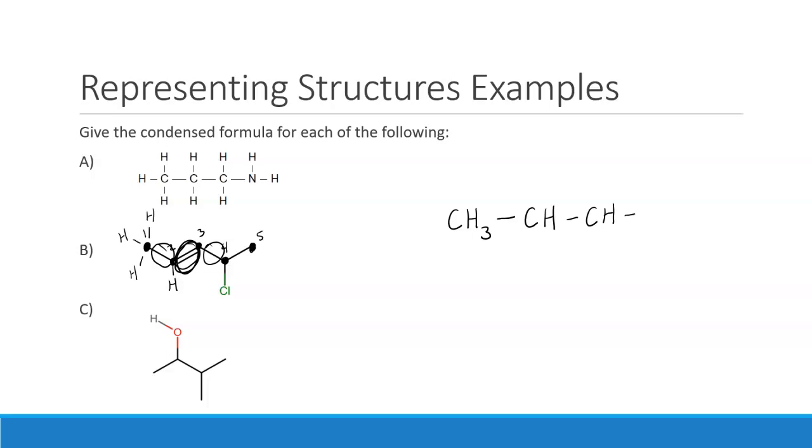Carbon number 4 has a single bond on either side, and it has a bond to chlorine underneath. So let's go ahead and draw in that chlorine. The chlorine we're going to show underneath as a single bond, and that carbon has 3 bonds total, and therefore it needs 1 more hydrogen coming off the top to give it a total of 4 bonds.